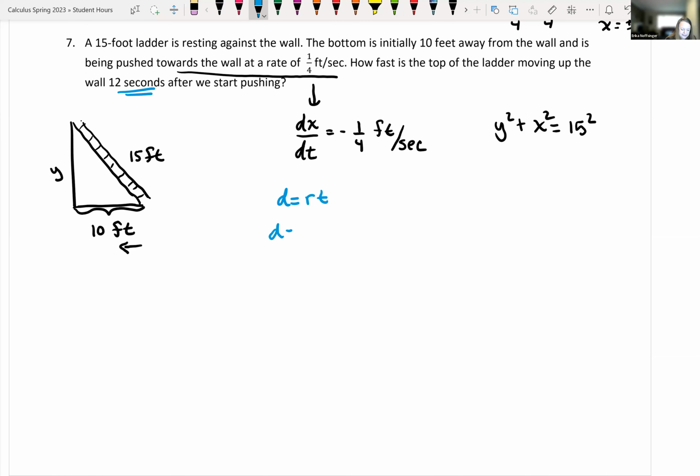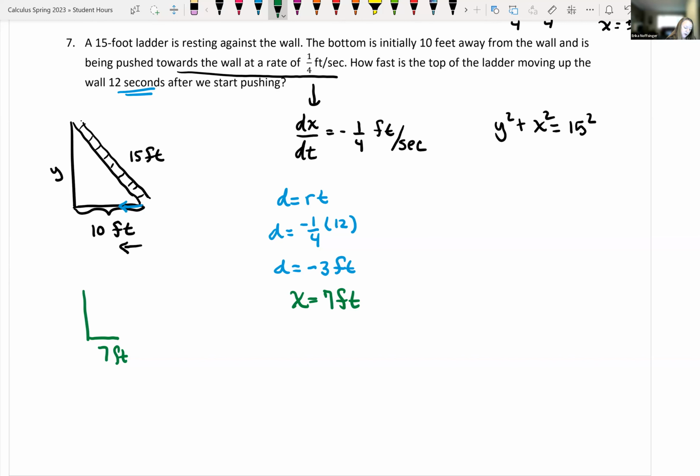The rate that it's changing is -1/4 feet per second times the time, which is 12 seconds. So the distance that this ladder has moved is 3 feet, or -3 feet. So our new distance of our base is 10 minus 3, which is 7 feet. So we know x is equal to 7 feet after 12 seconds.